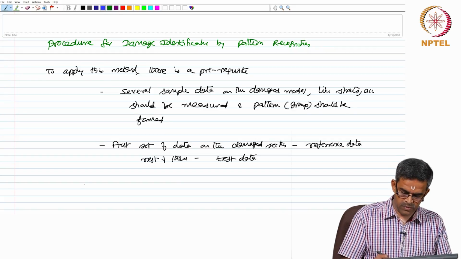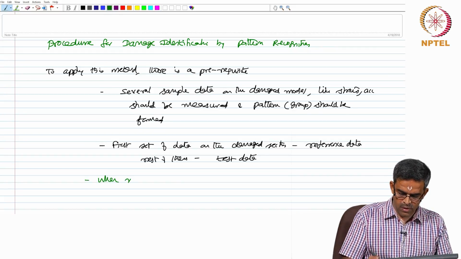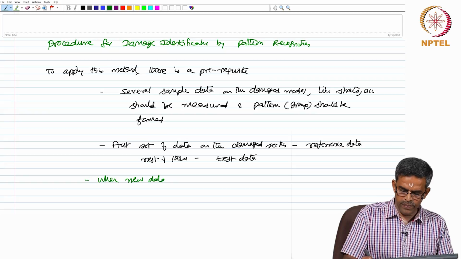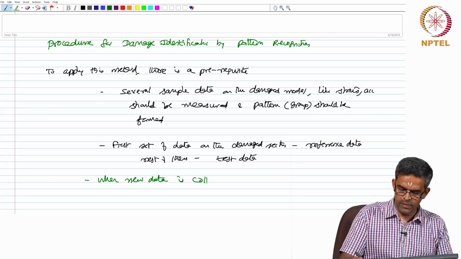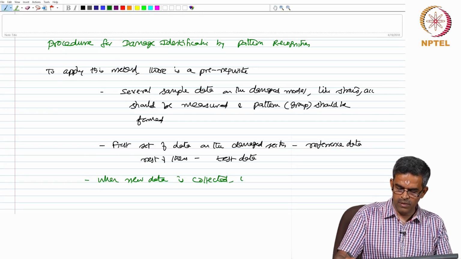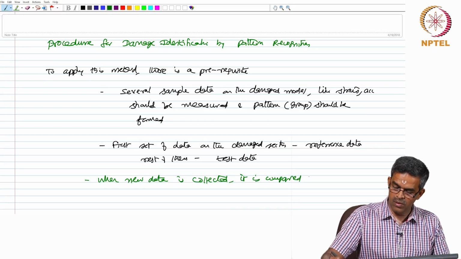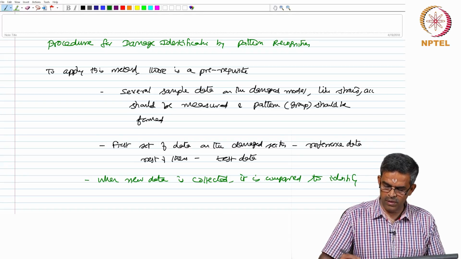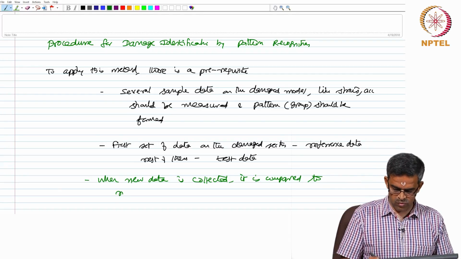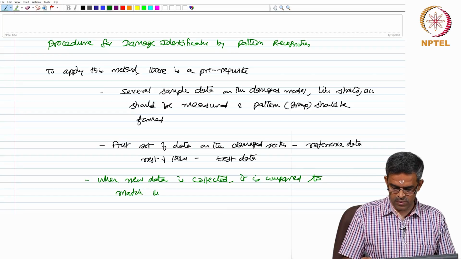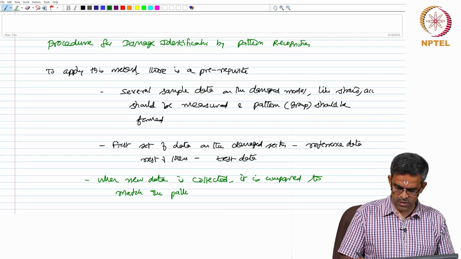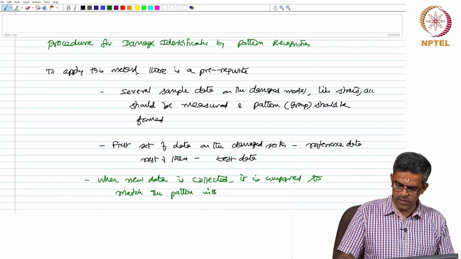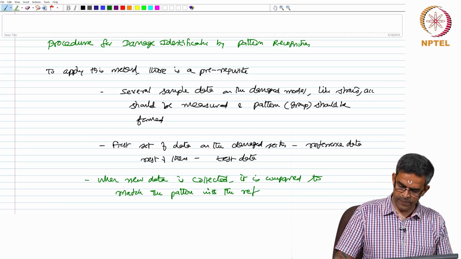Now, when new data is collected, it is compared to identify, or let us say to match, the pattern with the reference data.